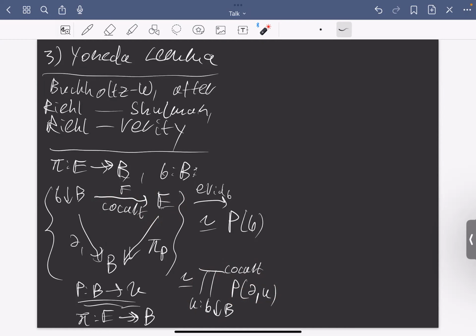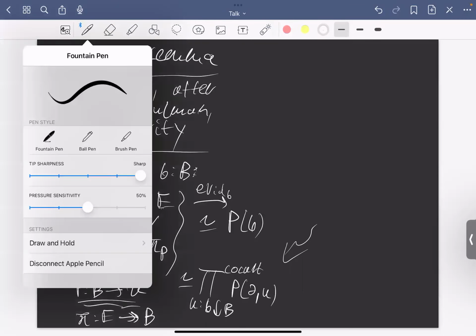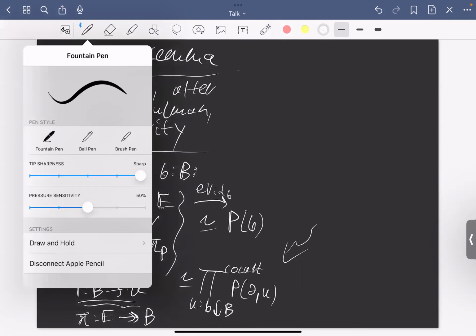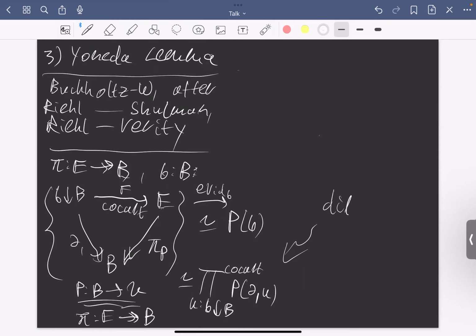Okay, and if we view it in that way, there's actually a nice way to understand this as the directed arrow induction principle. Maybe I should write that out. Yeah, okay. Directed arrow induction principle.